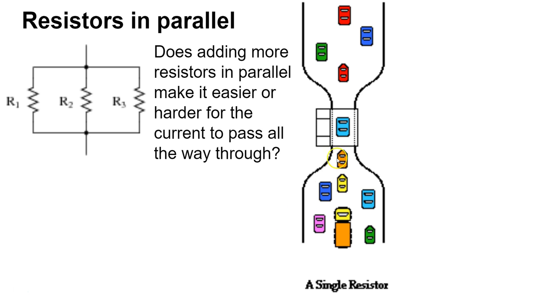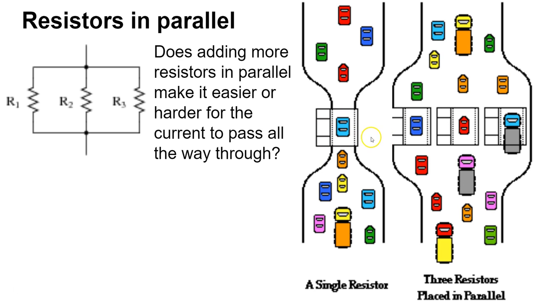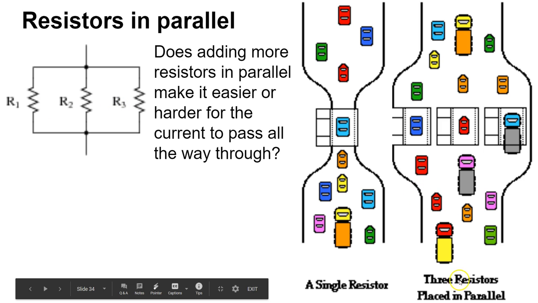And here to help you visualize that is the toll booth again. So you got the first one with 1 toll booth, and then here you got one with 3 toll booths that are side by side. They're in parallel with each other, just like these resistors over here. 3 resistors placed in parallel enables the traffic to flow better, because it's kind of like you've got multiple alleys open.